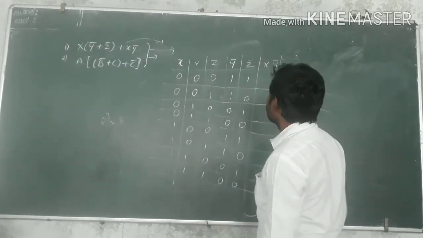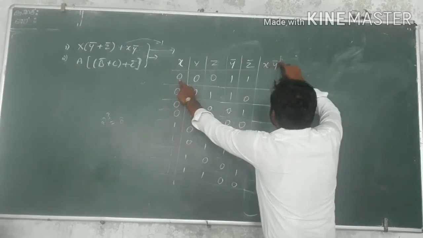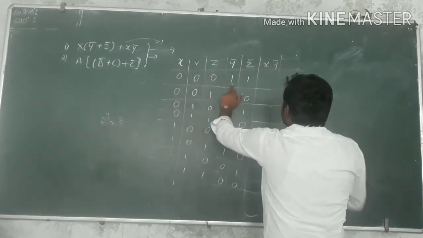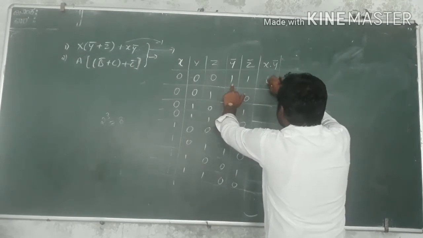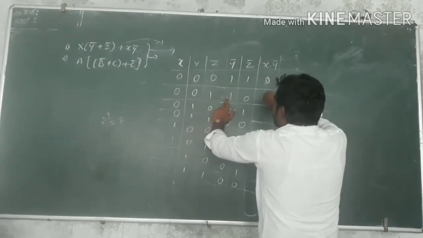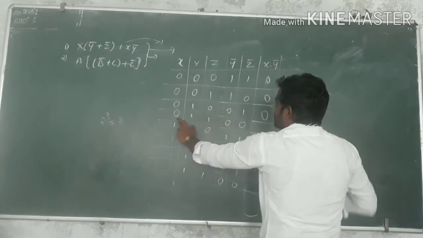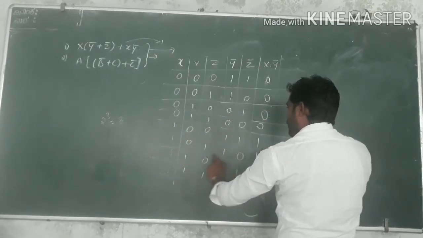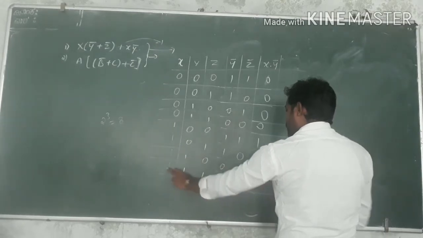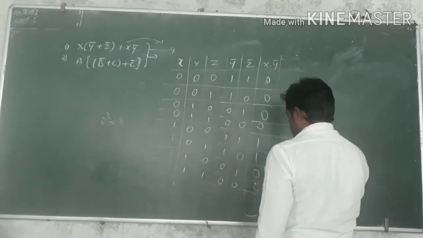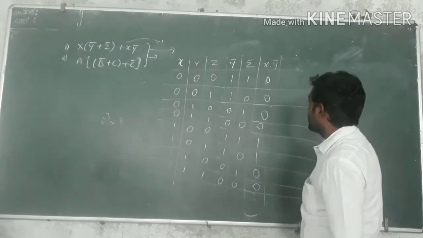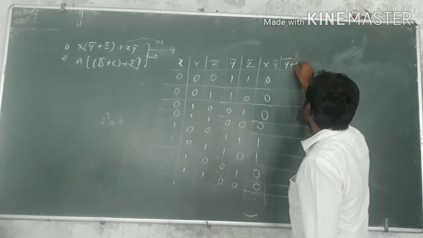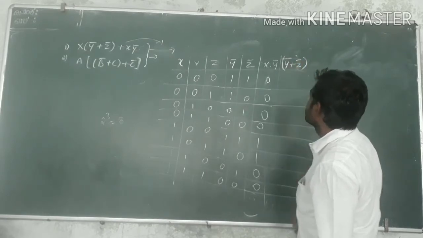So it is x dot y complement: 0 into 1 is 0, 0 into 1 is 0, 0 into 0 is 0, 0 into 0 is 0, 1 into 1 is 1, 1 into 1 is 1, 1 into 0 is 0, 1 into 0 is 0. Clear?